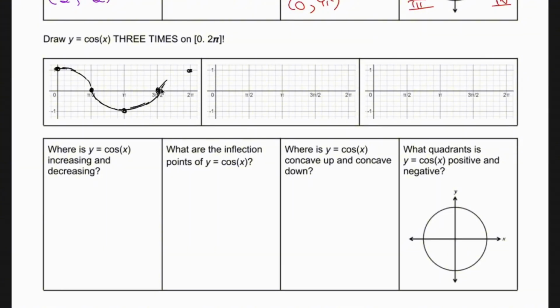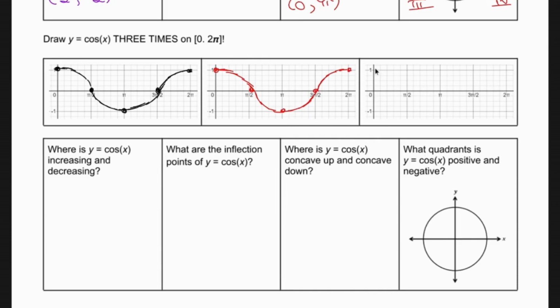Do it again. Start at 1, pi over 2, pi, 3 pi over 2, 2 pi: 1, 0, negative 1, 0, 1. Wavy, concave down, concave up, minimum, inflection point, concave down to a maximum.